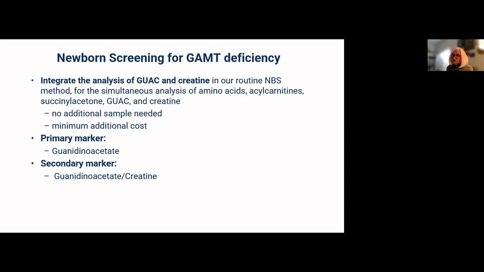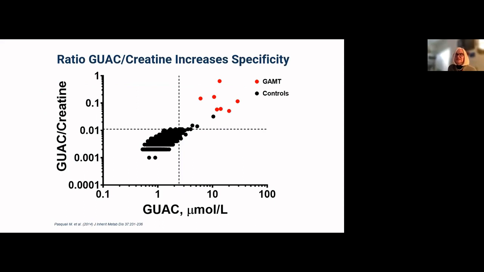The primary marker for GAMT deficiency was obviously guanidinoacetate. And because with a block in GAMT, creatine, which is the product of the reaction, is low, we used as a secondary marker the ratio of guanidinoacetate to creatine. Next. This slide shows how the specificity of the screening can increase when you use both guanidinoacetate and the ratio of guanidinoacetate to creatine.